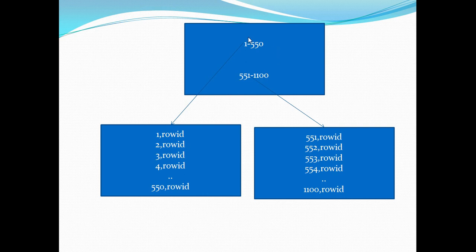So my branch blocks only have pointers to my leaf blocks. It has these two values reflecting that if you want to access any ID which is less than 550, you access those values from the left leaf block. And if you want to retrieve an ID which is greater than 550, you retrieve that value from the right leaf block.